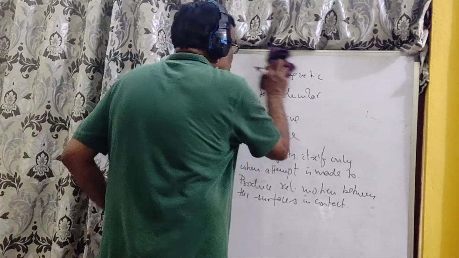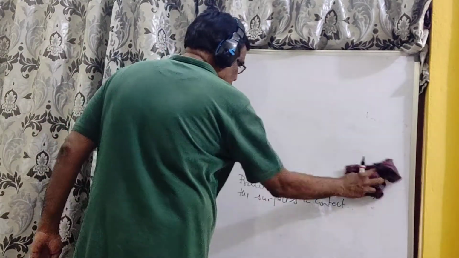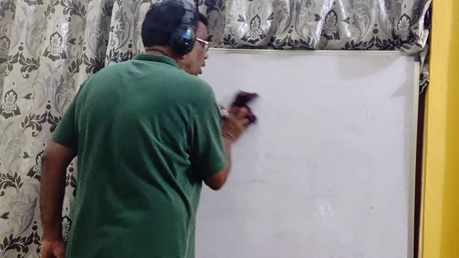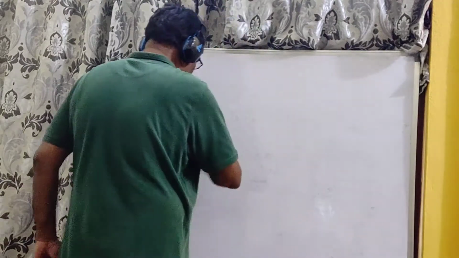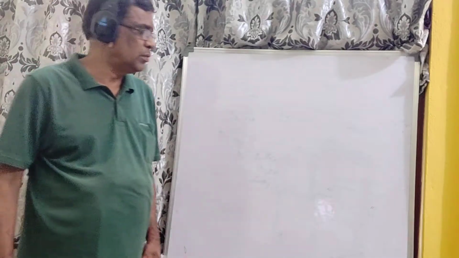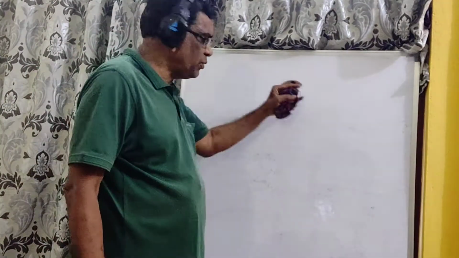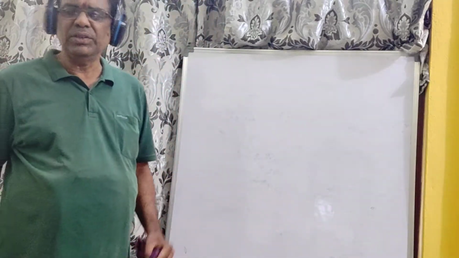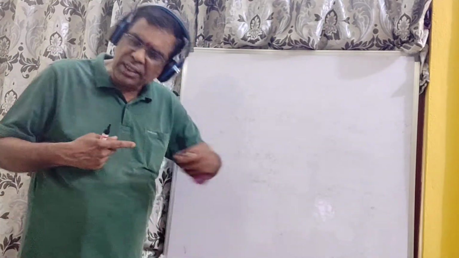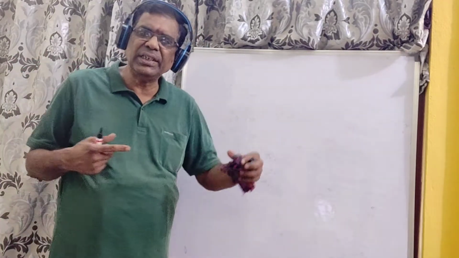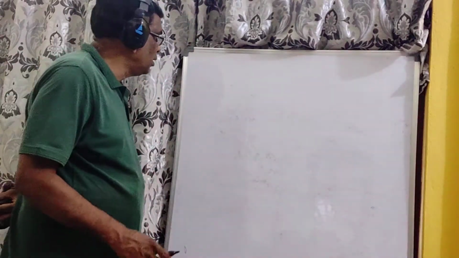Without this, we can't be what we are today. It's impossible. Now, we said friction may be due to intermolecular forces, it may be due to interlocking of the troughs and ridges. That is possible. Fine.